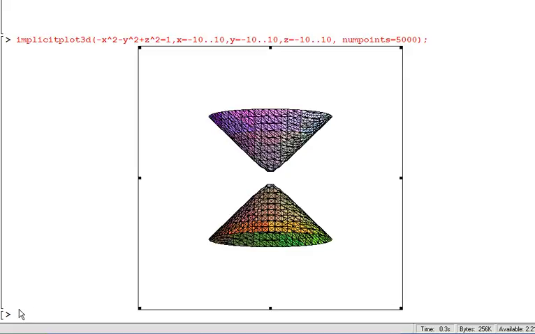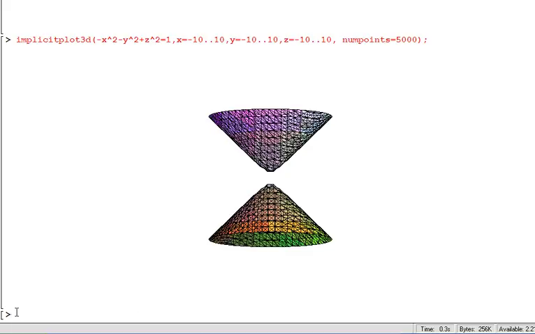Again, let's check that on Maple. I'm going to go back and type it in. For y equal x squared plus y squared.